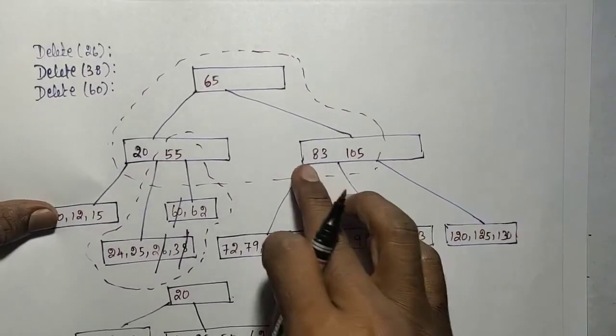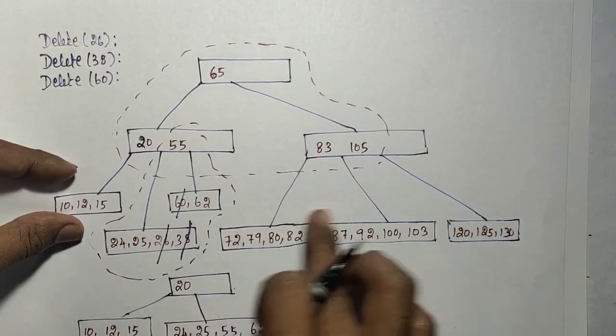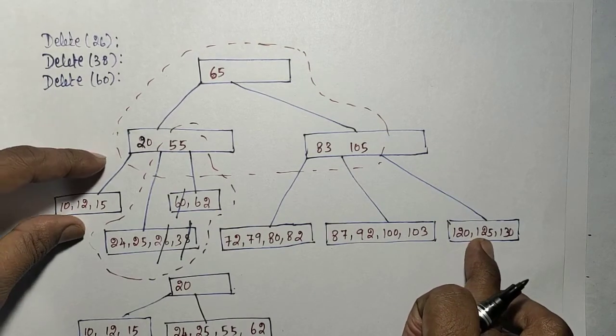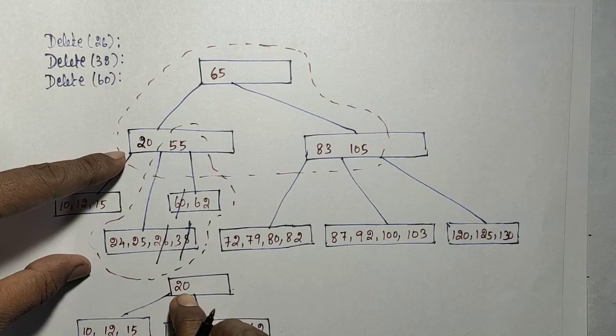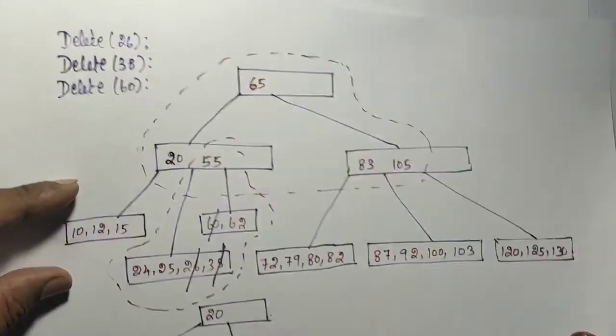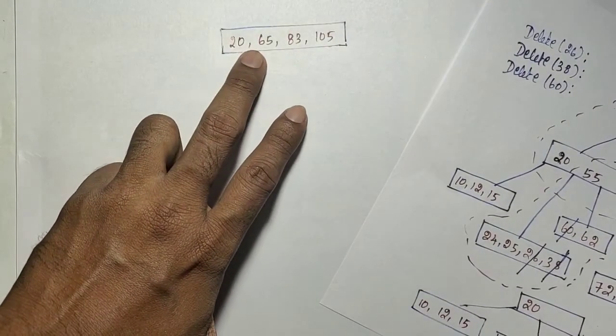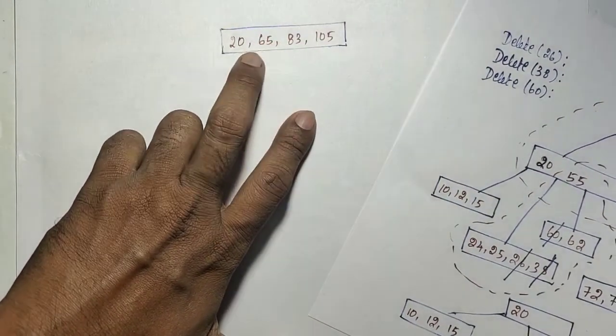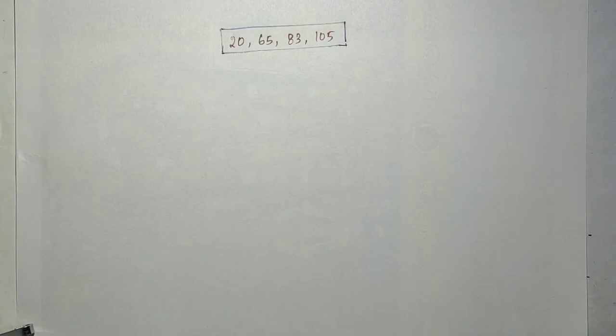Okay, and 83, 105, these three will be continued. And the 20 left and right will be continued, that's all. These two elements, three will be continued, the 20 left and right will be continued.